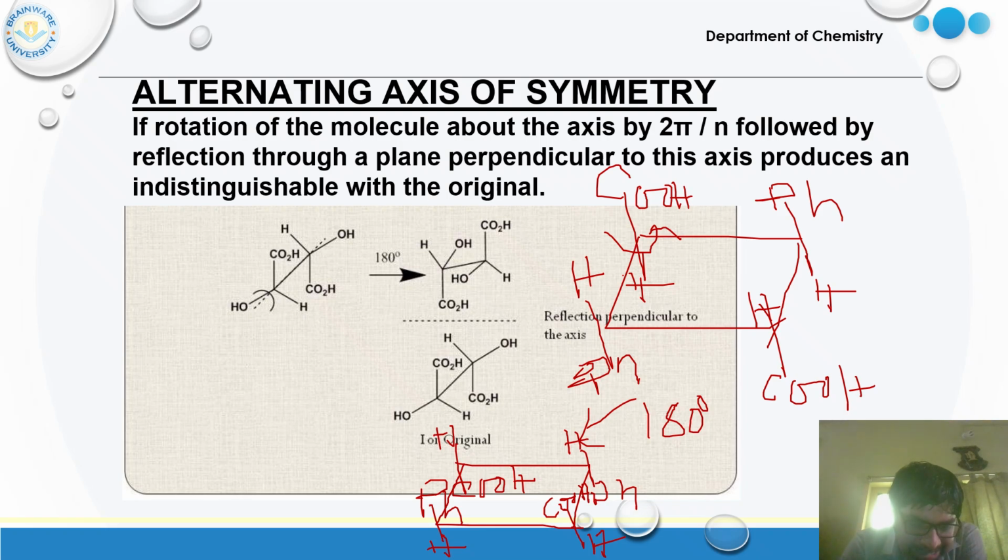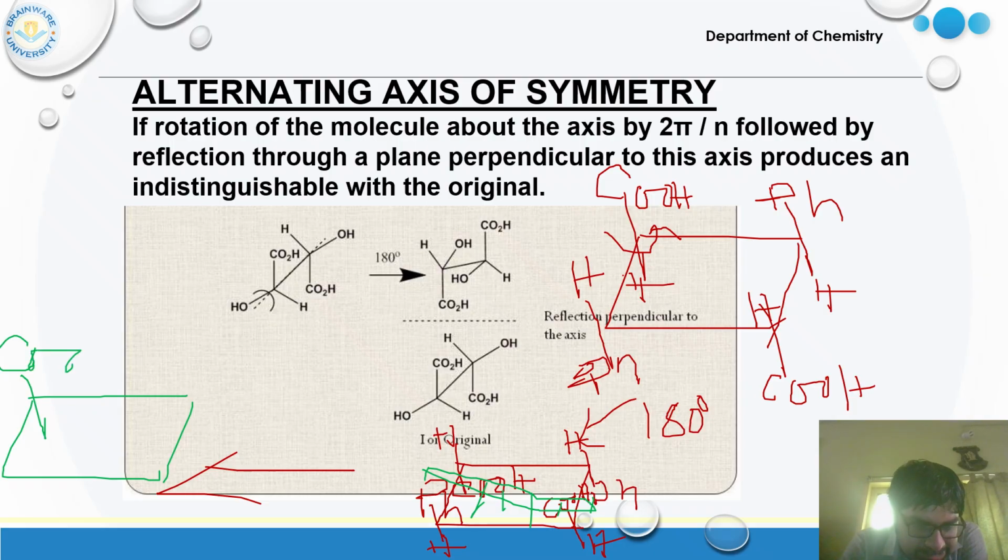Now we are drawing its mirror image along the diagonal. We are drawing the mirror image along the diagonal. So if we draw the mirror image along the diagonal, then again the molecule will be the same as the original.